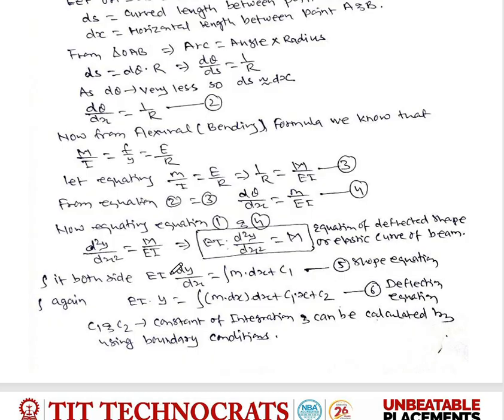If we integrate this differential equation one time, then we get the slope equation, and if we integrate it a second time, then we get the deflection equation. That's why this method is known as the double integration method to find the slope and deflection. Clear? Okay, thank you.